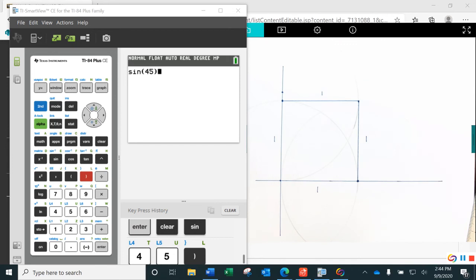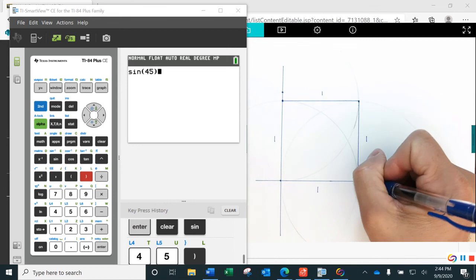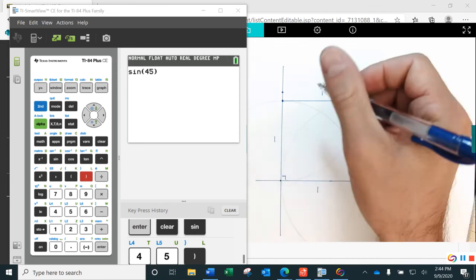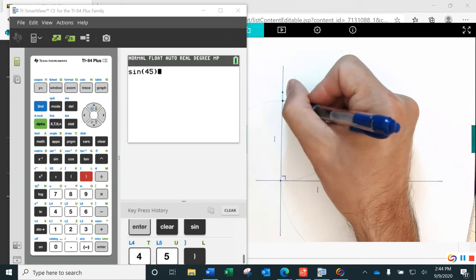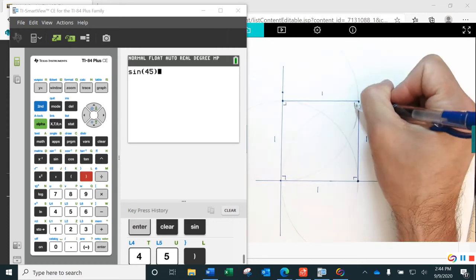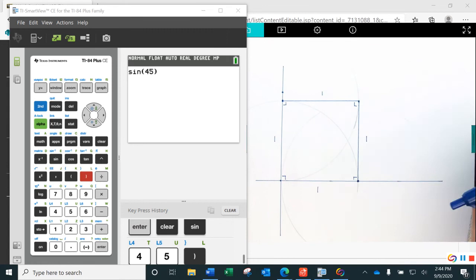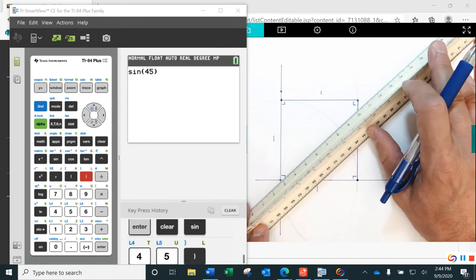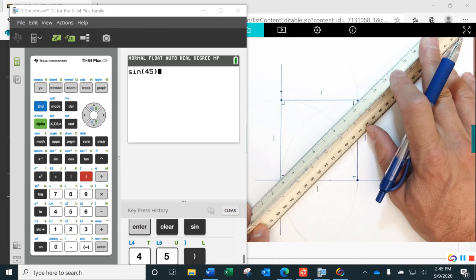But what I'm really interested in is taking this square, which has all these nice 90-degree angles in here, like so. These are all 90 degrees, and I'm going to cut it right through here, create a diagonal.